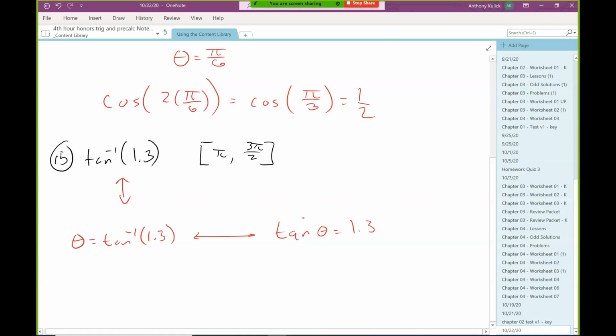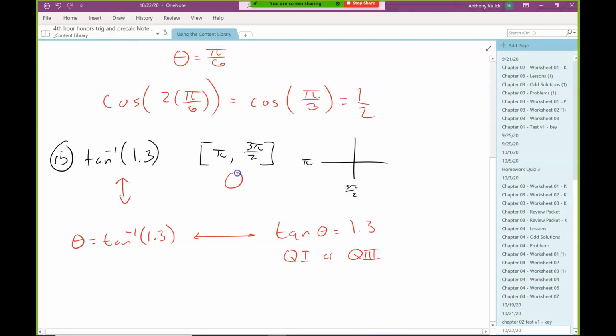Okay. So tangent we know is positive in quadrant 1 or quadrant 3. Everybody agree with that? This interval here, if I think about that, pi is here and 3 pi over 2 is here.